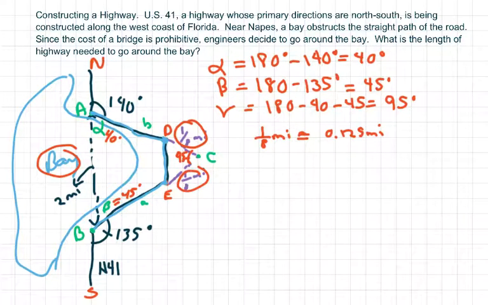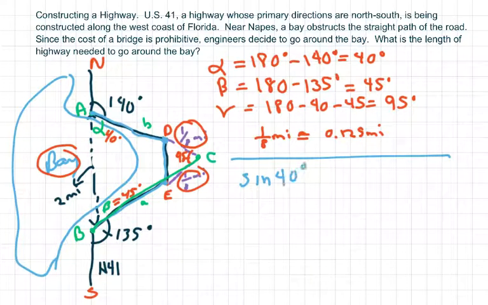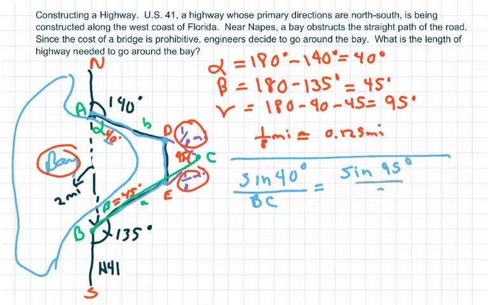So basically what we want to find is the length of BC. So BC is going from here to here. We're using this triangle. And then we're going to find AC. So BC is going to be the law of sines. It's going to be sine of 40 over BC, because that's your 40 here, equals sine of 95 degrees over 2.